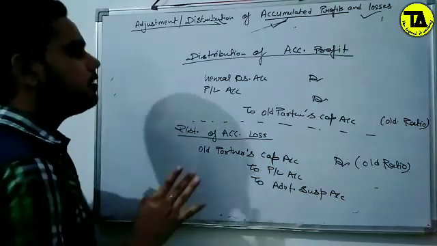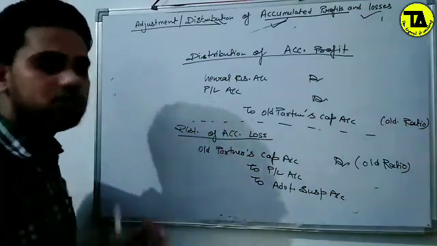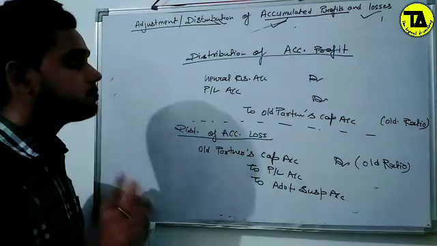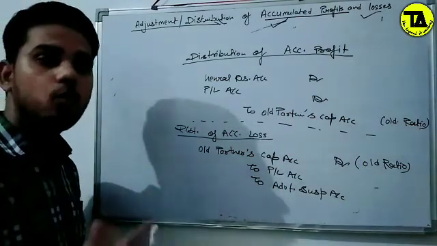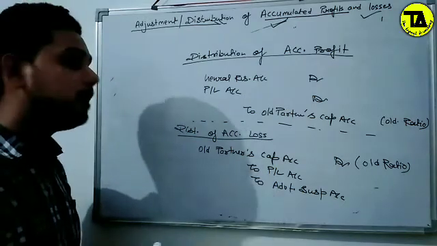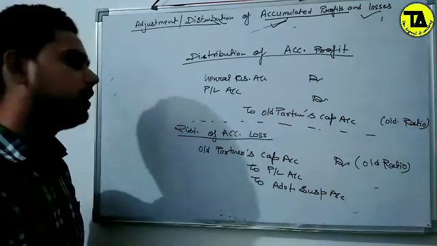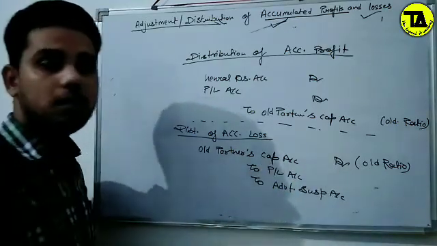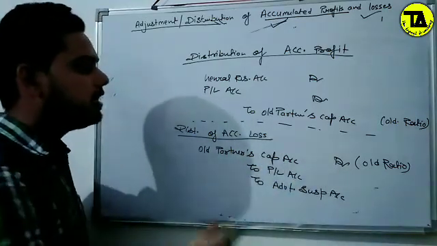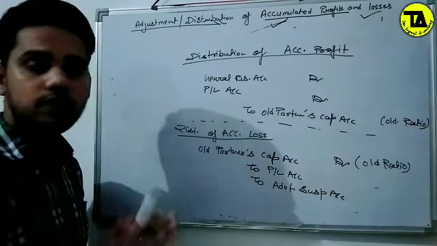Now what will be the journal entry for distribution of accumulated loss? Very simple. Loss will always be debited to old partners' capital. So we will debit old partners' capital accounts in the old ratio, and credit whatever accumulated loss we have.